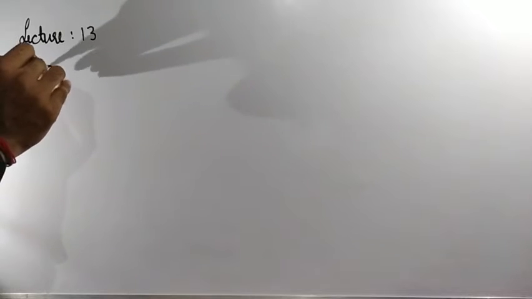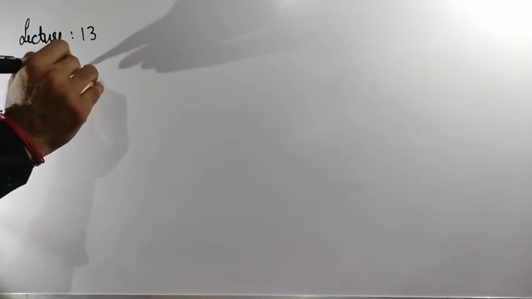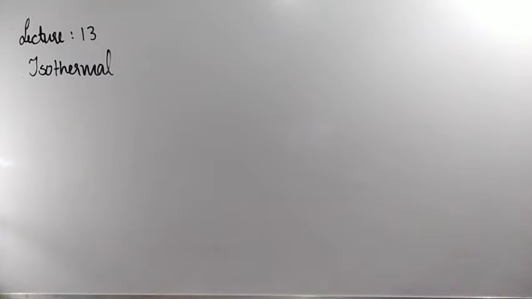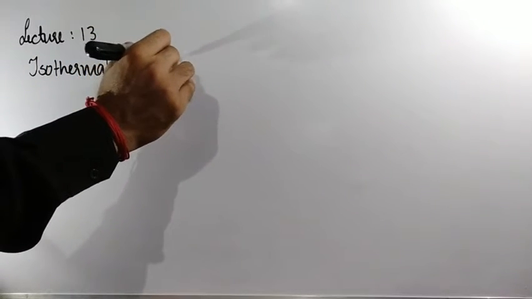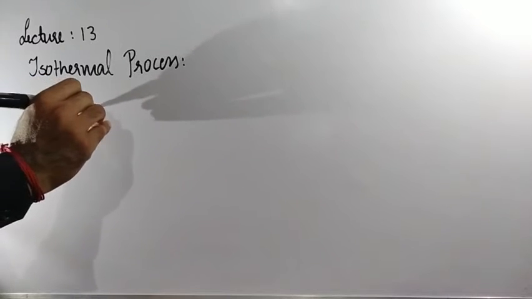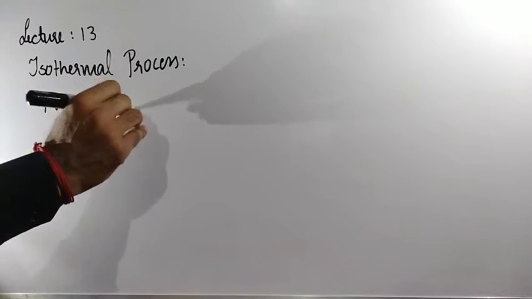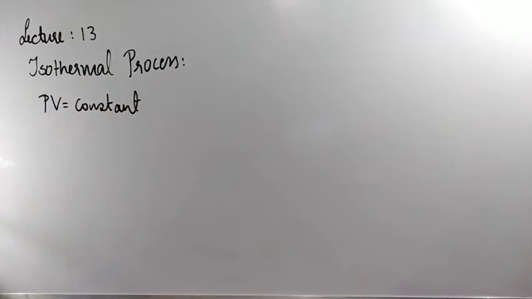So now, listen. In this class, I had told you earlier what we will discuss. Now, in case of isothermal process, what equation do we have? PV is equal to constant. What is the meaning of this?